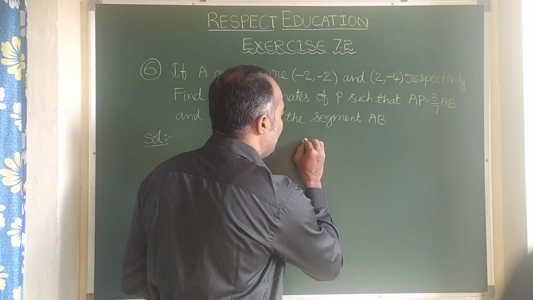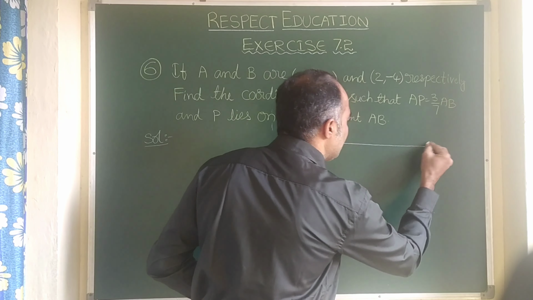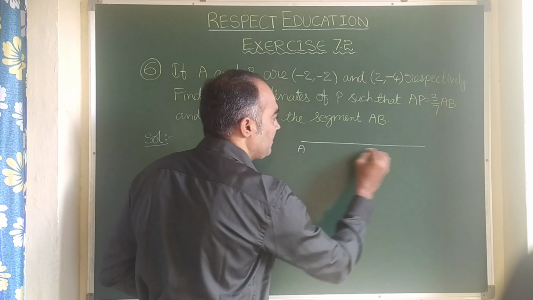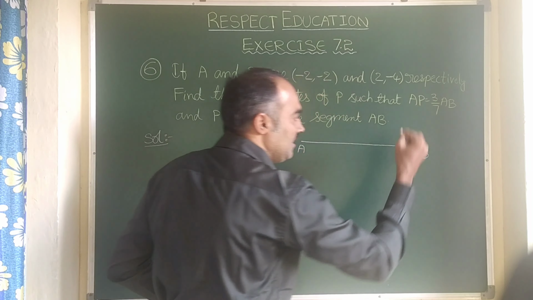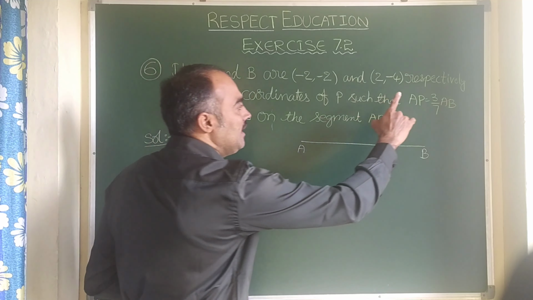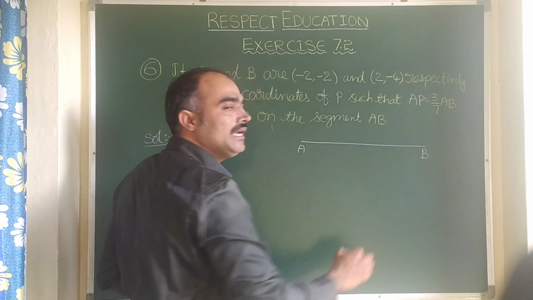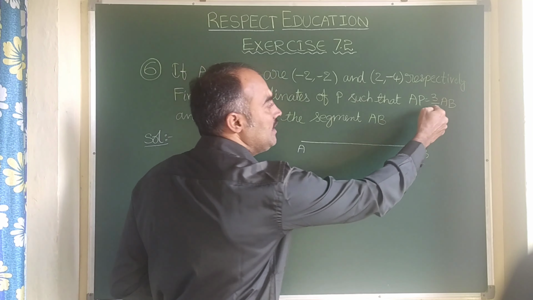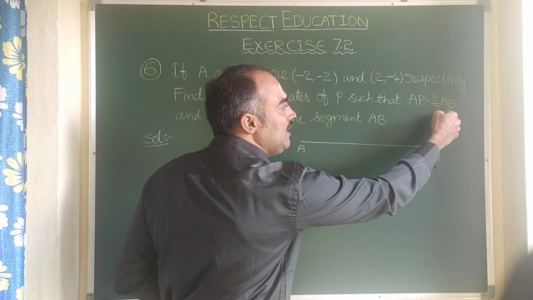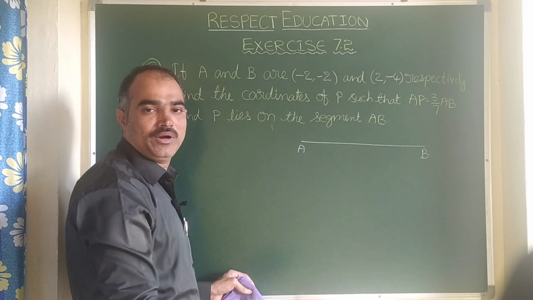First, consider line segment AB. Here it is given that AP is equal to 3 out of 7 times AB. That means let us make AB 7 equal parts.